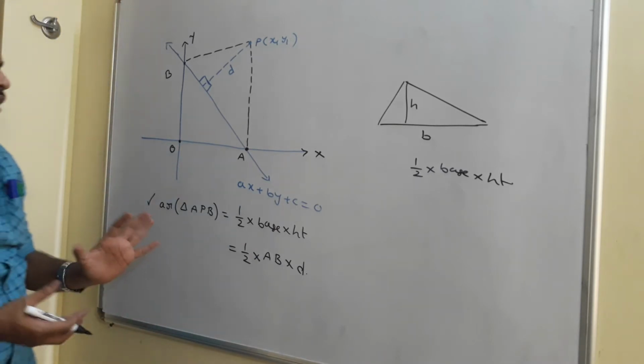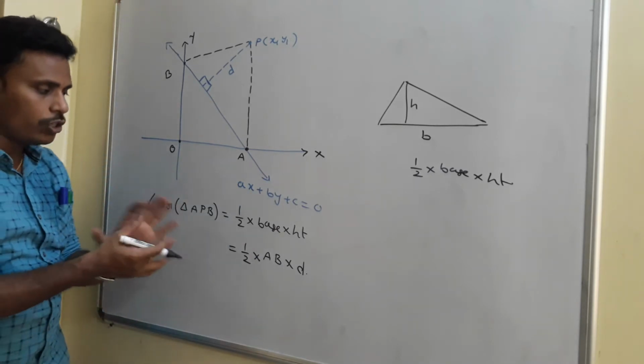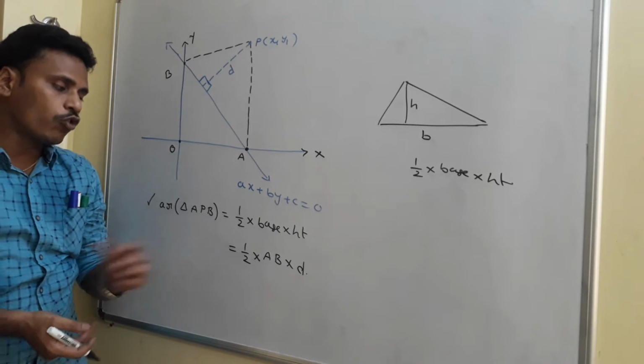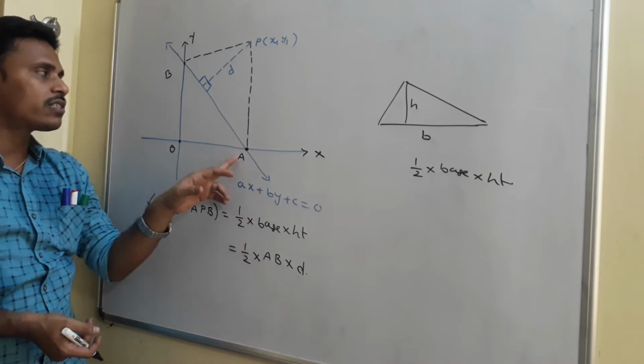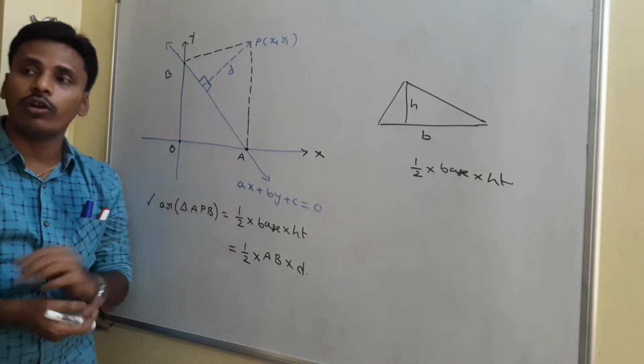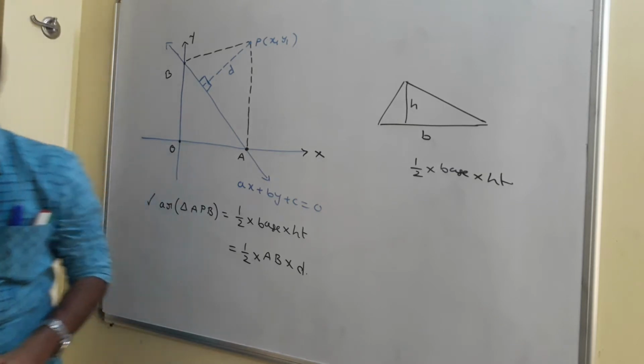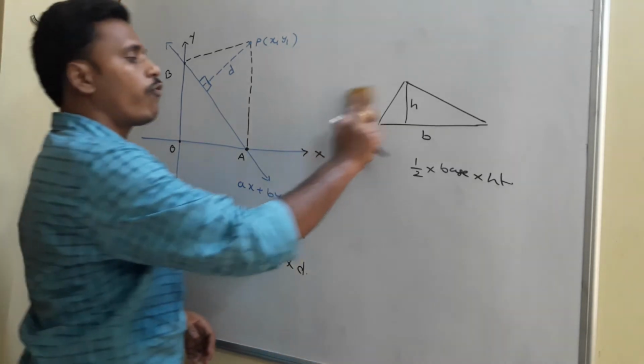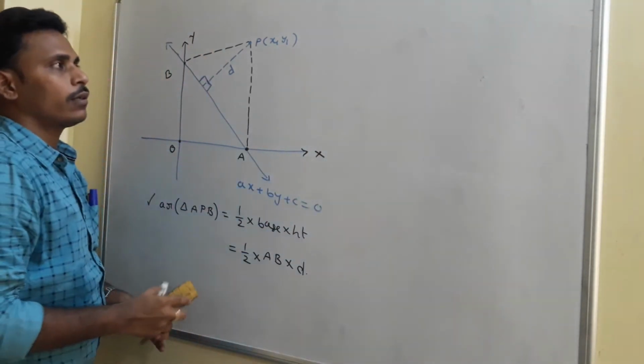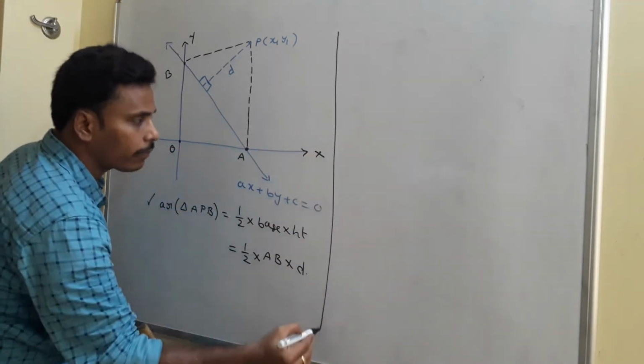You just keep this aside. AB is the distance between these two points, but I don't have those points right now. And now the next task is to find the points, right? Okay. Look at there.